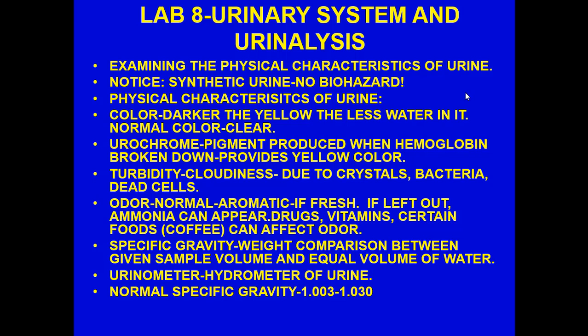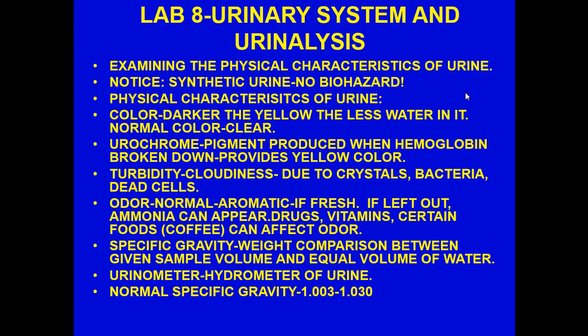In all cases, even if we were back in the lab, we would not be doing this with actual urine because there's a biohazard. So the way they do it is they have synthetic urine, okay? And what you would normally do is note the physical characteristics of the urine. Okay, is there any cloudiness?